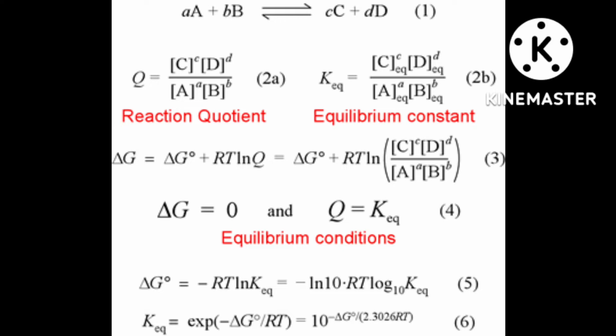That's why the condition is that the energy change should be minimum. Then you can say product to reactant is possible. So reversibility is possible only if at equilibrium the free energy of the system is minimum.